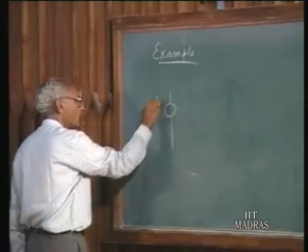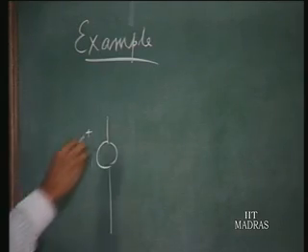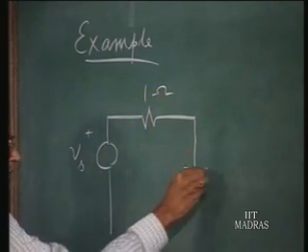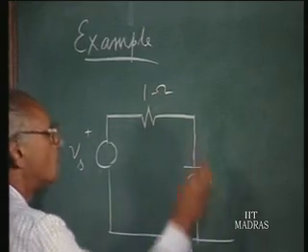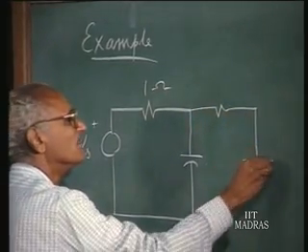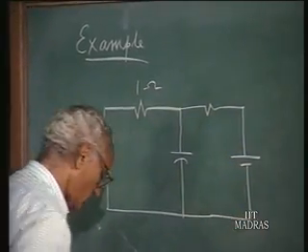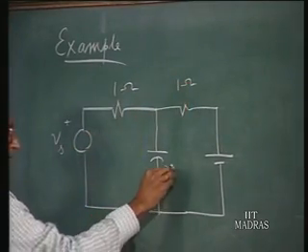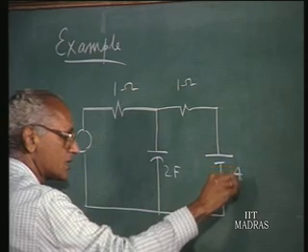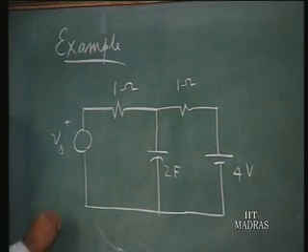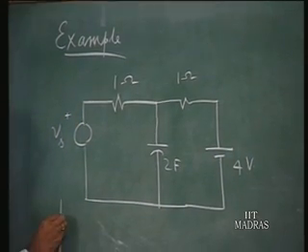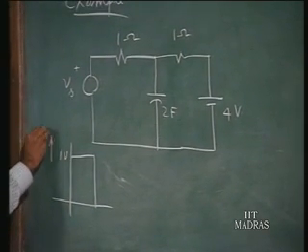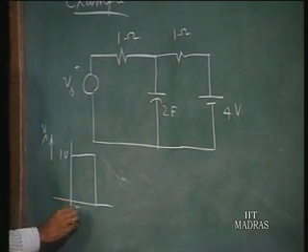So let this be a voltage source Vs included in a circuit of this type, the capacitance of 2 farads and a DC source of 4 volts. And this Vs is a discontinuous source having 1 volt, a pulse lasting from 0 to 1 second.